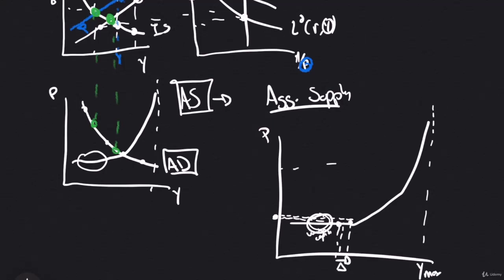But if I'm looking over here, in order to change Y at all, I might have to change prices a lot more in order to get the economy growing. And that means that I do not have enough capacity anymore to increase production. That's why I have to increase prices by a lot. And in that case, we can start thinking about inflationary pressure depending on where we are in the economy.